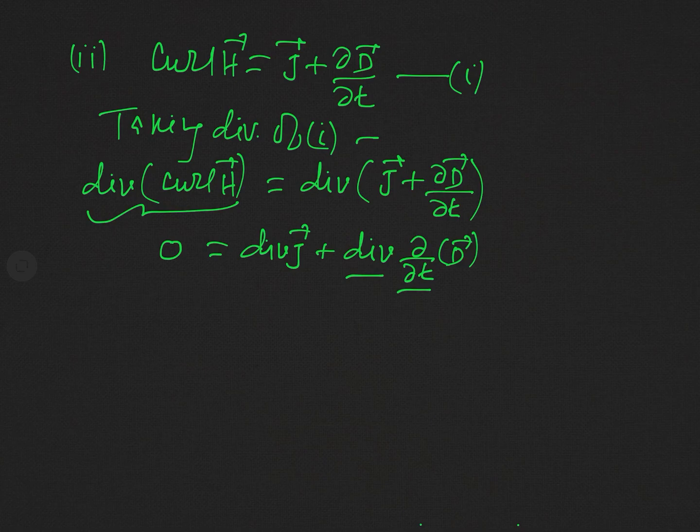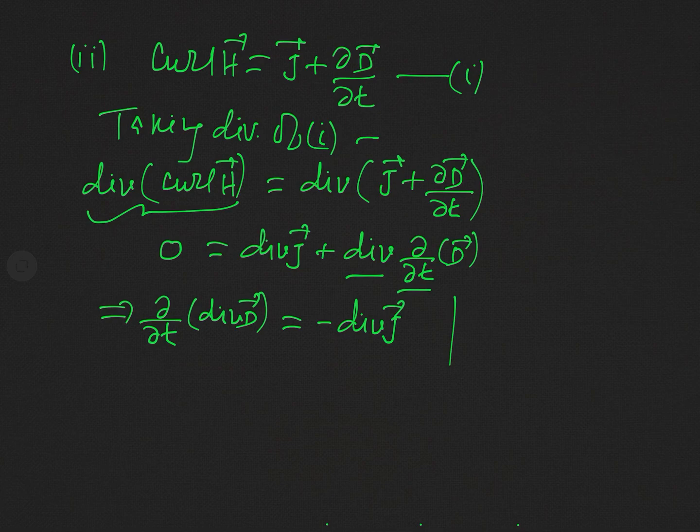So we can write this as del T divergence of D, and that will be equal to minus divergence J. And as you know, the equation of continuity is divergence J plus del rho by del T is equal to 0.